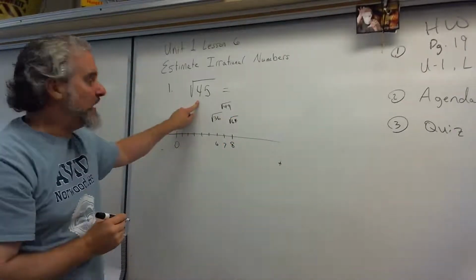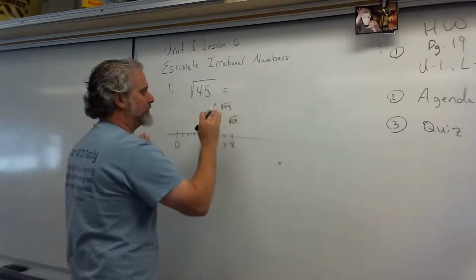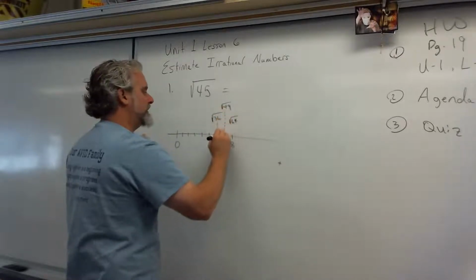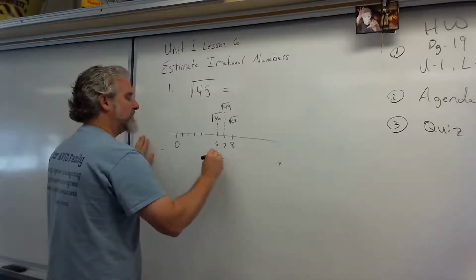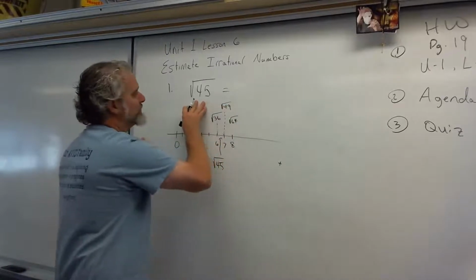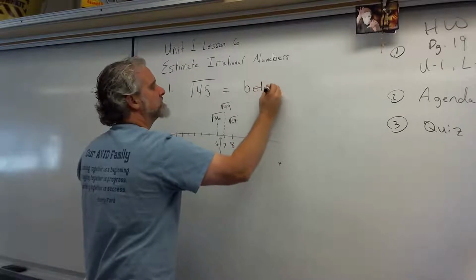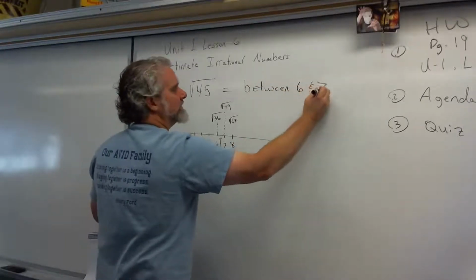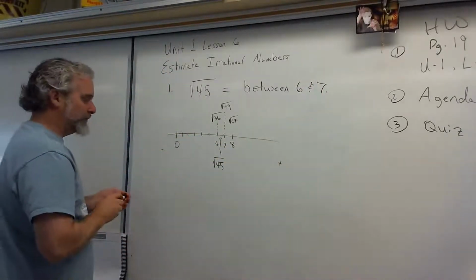Well, square root of 45 is going to fall in between square root of 36 and square root of 49. So 36 comes here, square root of 49 goes right here. So square root of 45 is going to fall in between 6 and 7. So I would say square root of 45 is between 6 and 7. So it is an irrational square root.